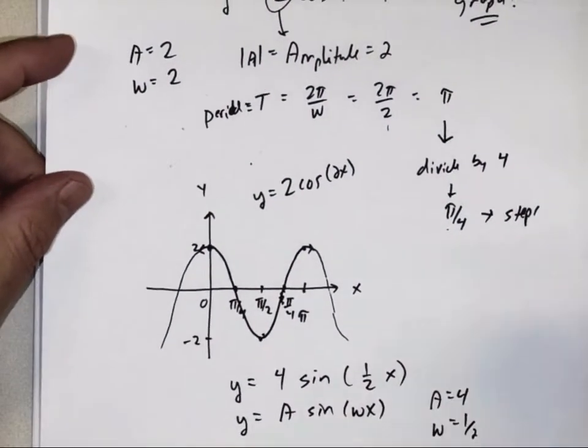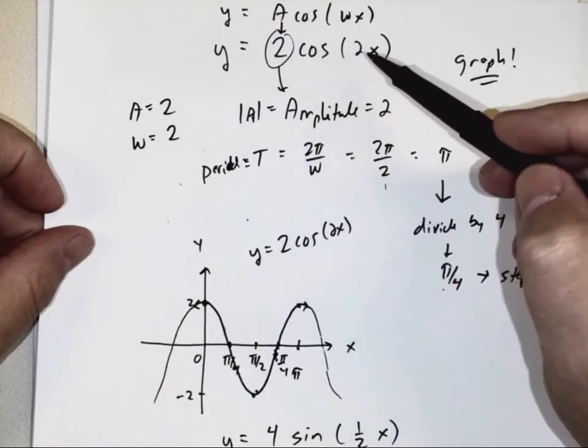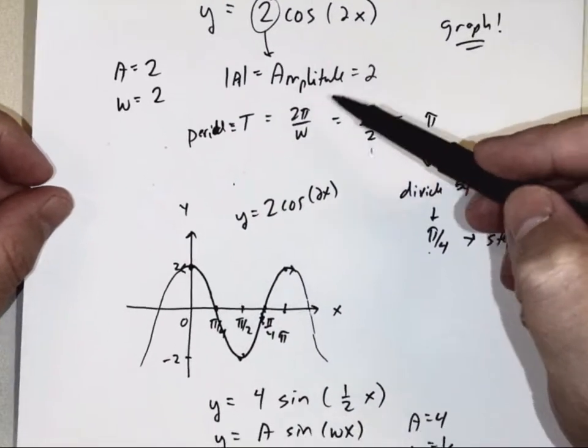Now let me mention a couple things that you're going to be asked about on your homework that might be confusing. On these problems where they give you an equation, let me go back to my notes. This one, we said y equals 2 cosine 2x, and we figured out how to graph it.